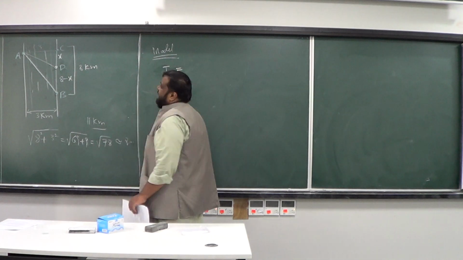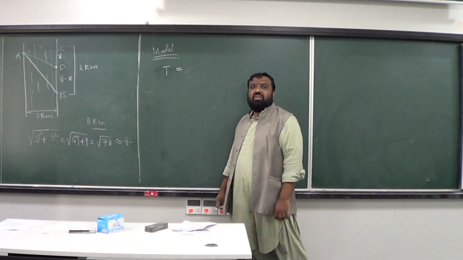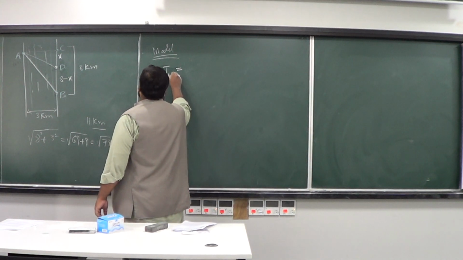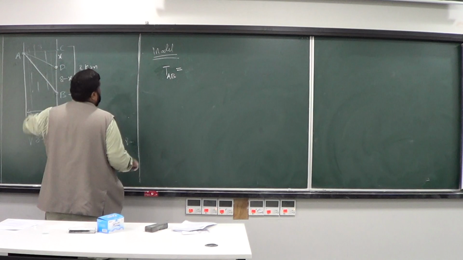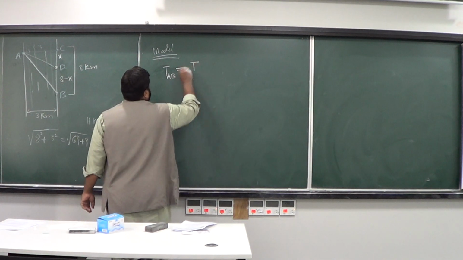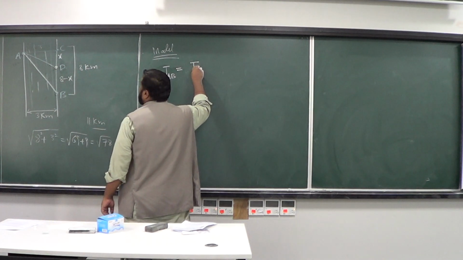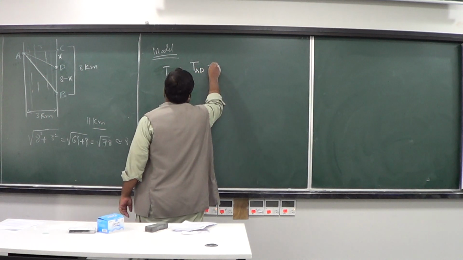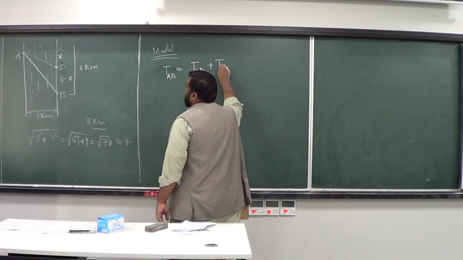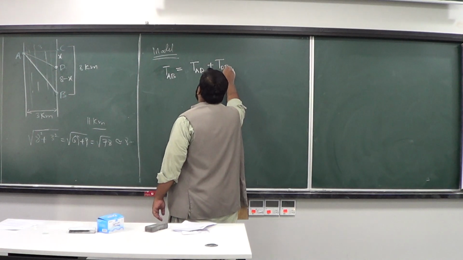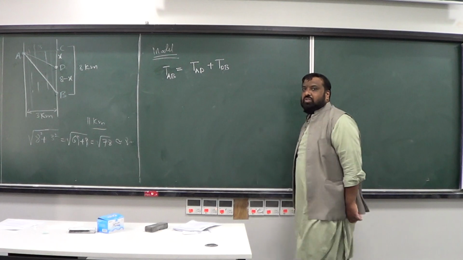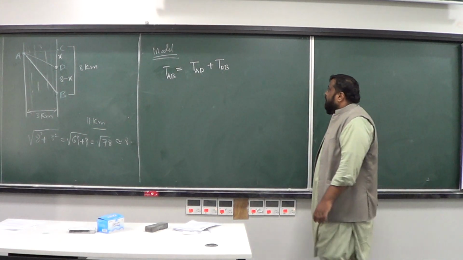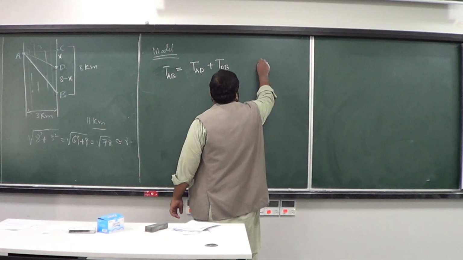The time that he is going to take to reach from A to B through this path is going to be the sum of two times: the time to reach from A to D plus the time to run from D to B. This is what it is going to be. Now the question is, what is time actually?